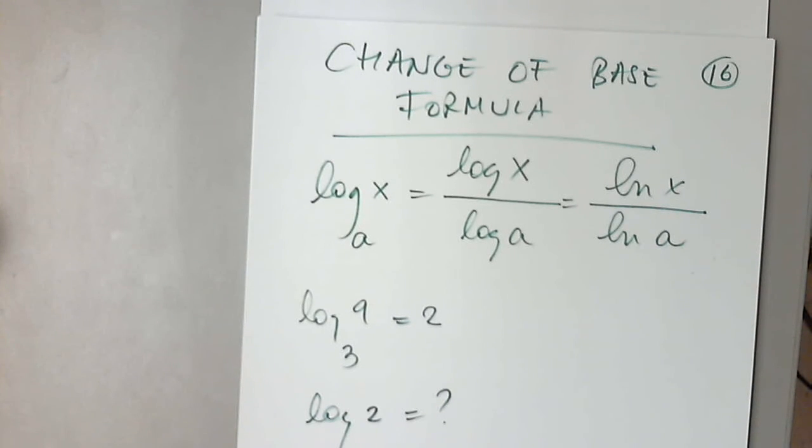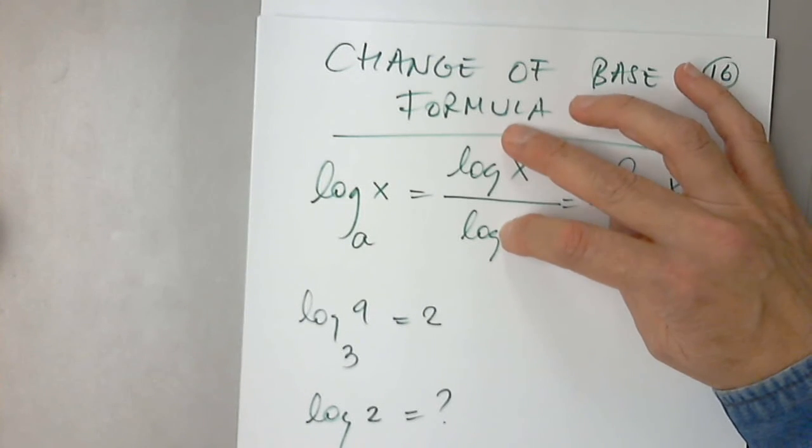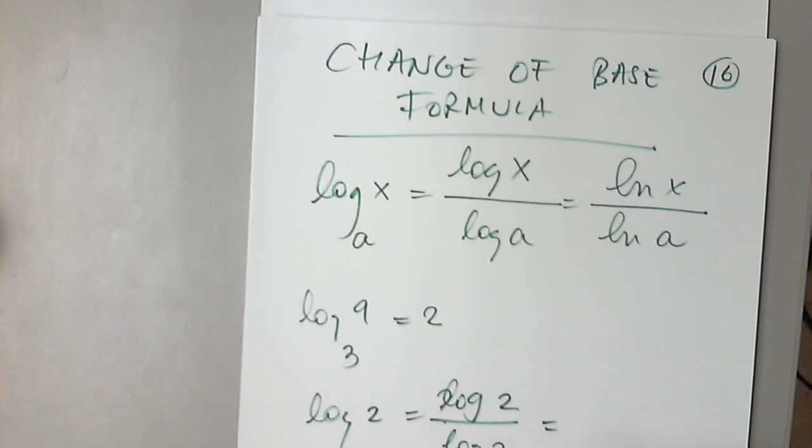I don't know what power I raise 3 to get 2. I know that I raise 3 to the second power to get 9. But I'll stay here forever. I will not be able to come up with an answer. So we're going to use the change of base. It doesn't matter if you use the common log for both, of course, or natural log for both. So let's say we want to use log 2 over log 3.